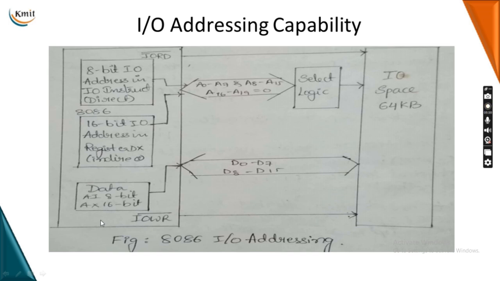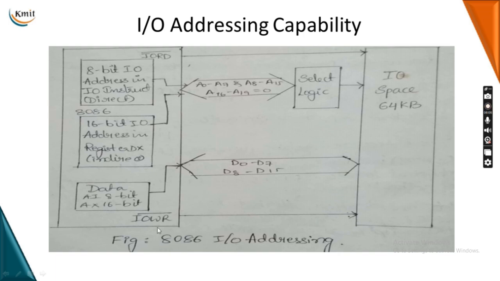If we have data which is 8-bit or 16-bit: if you have 8-bit data, we will be using AL or AH. If you have 16-bit data, we can use AX, which is the accumulator. The lower order is D0 to D7 and the higher order is D8 to D15. So you can take the 8-bit data and do the operation, depending upon these two operations: IO read bar and IO write bar.